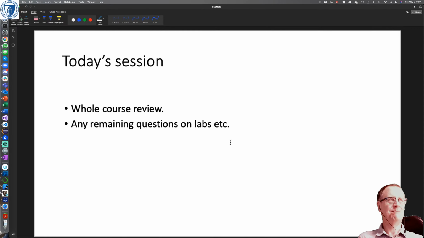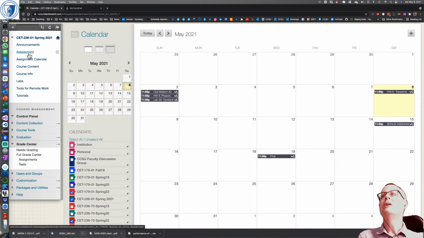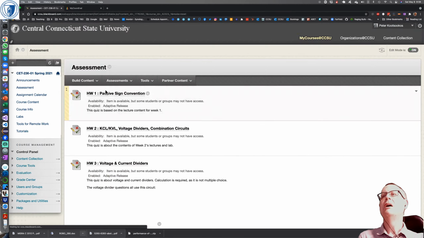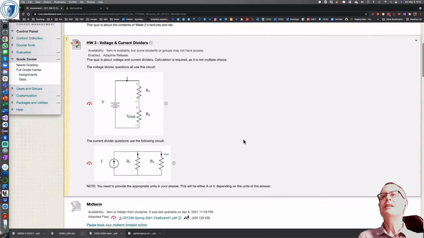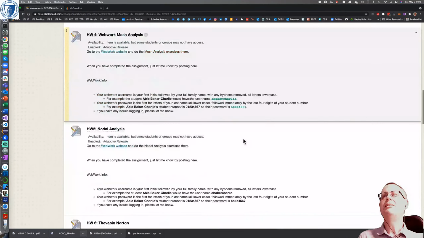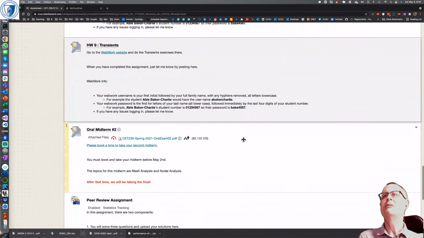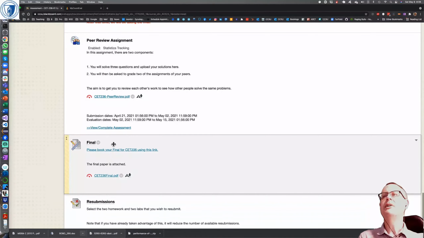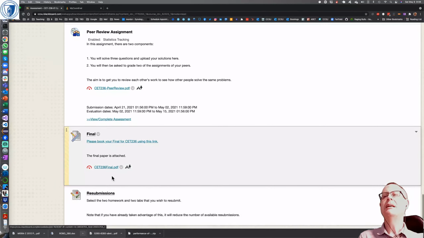Before we jump in, is there a PDF for the final available somewhere? Is that in the same place as the booking, and I just happen to miss it? So if you go into assessment, and somewhere down here, I think, there's the final, then there should be a link with the final PDF there under assessment.